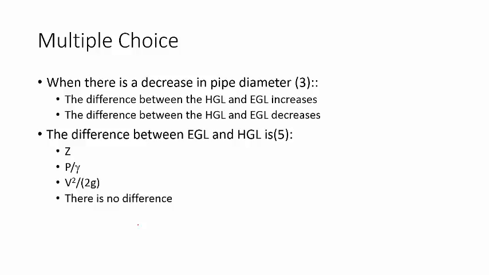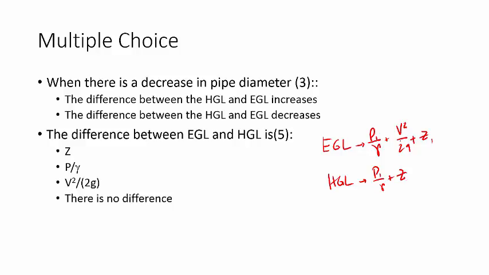The next question, when there is a decrease in pipe diameter, the difference between the hydraulic grade line and the energy grade line decreases. So whenever we look at the energy grade line, it includes pressure plus velocity plus elevation. And then the hydraulic grade line would only include pressure and elevation.